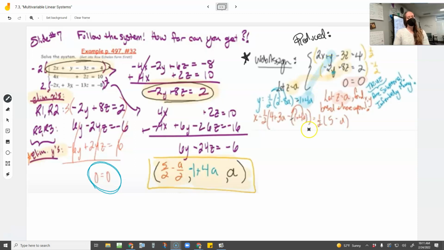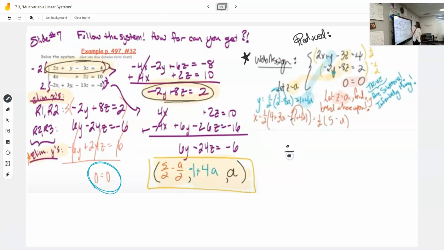Can I write it? Yeah. Because you're seeing that you would divide by a negative 2 if you didn't do this mumbo jumbo, right? And if you divide by negative 2, it's the same thing as multiplying by the reciprocal. Just remember fractions. So I'm doing the same thing. I'm just doing it in a different order.